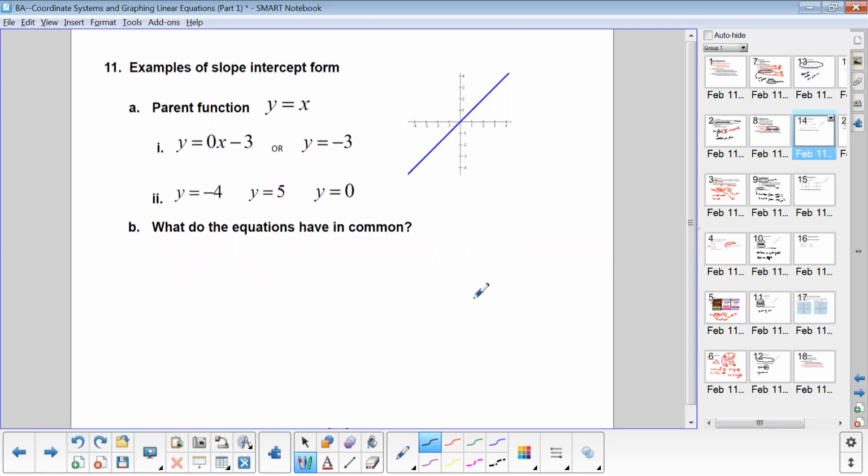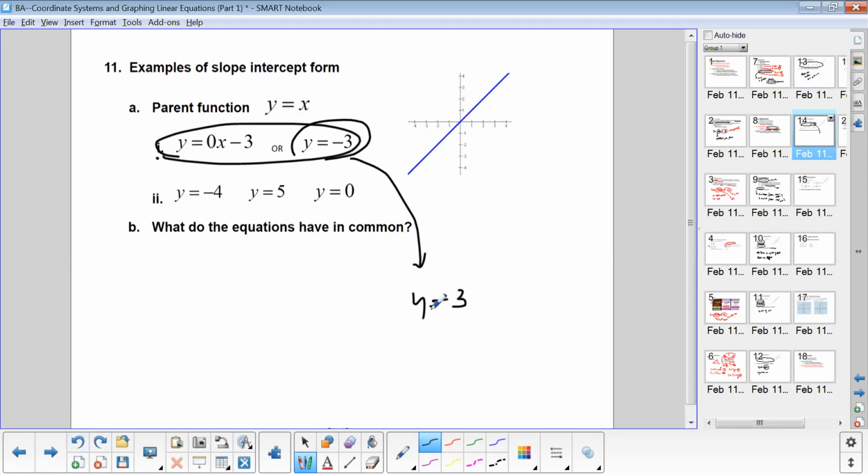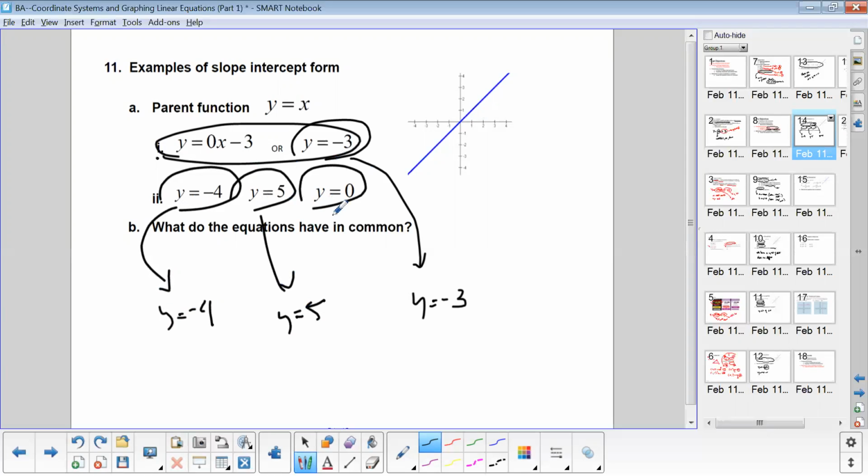Now, what happens when you have a parent function and you have an equation where the slope is 0? Well, 0 times x takes that to 0. So here's what you have: you've got y equal -3. Or what happens with y equal -4, or y equal 5, or y equal 0, or we could even say what happens to y equal 2.